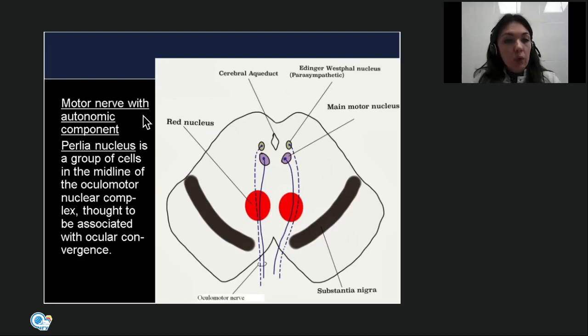So the Perlia nucleus, one of the nuclei, is a group of cells located in the midline of the oculomotor nuclear complex, thought to be associated with ocular convergence. Its other name is nucleus impar, the unpaired nucleus or convergence nucleus. It is responsible for simultaneous movement of the eyeballs, the convergence movement in case when we are tuned to near vision.